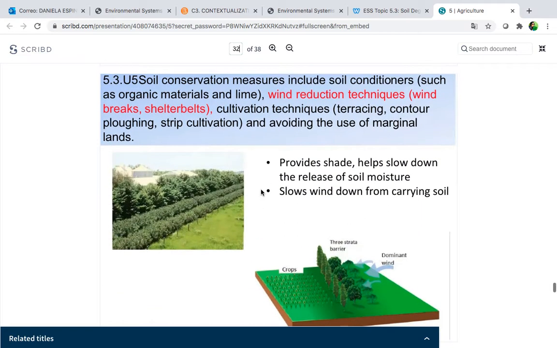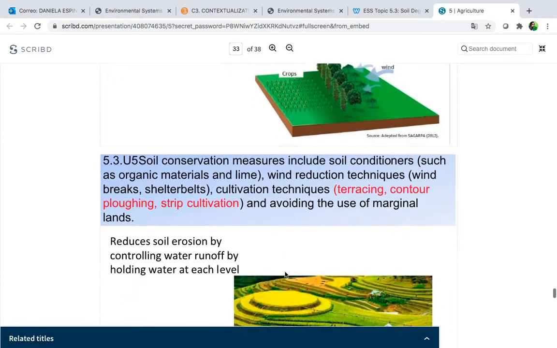Then we have wind reduction techniques, in this case wind breaks or shelter belts that are constructed with plants. That way wind is not going to affect the soil, as you can see. We have a barrier of trees, different trees, and they're going to protect the crops. That is the main idea in this example of constructing shelter belts or wind breaks.